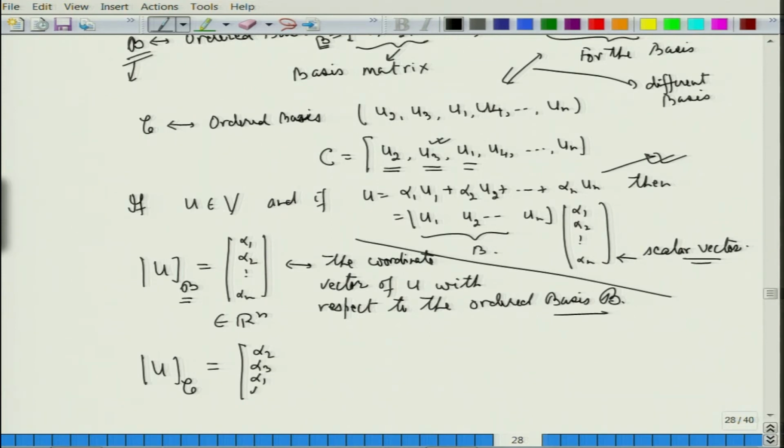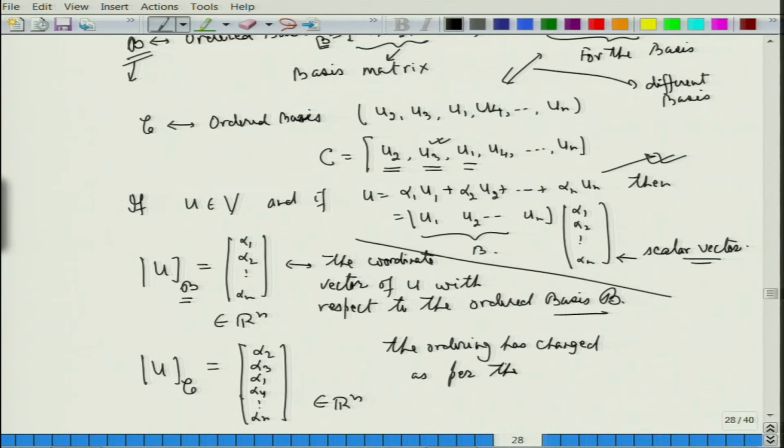Then alpha 1, alpha 4 and so on till alpha n. Fine. So, again it is still an element of Rn, but the ordering has changed as per the ordering in C. Fine. So, whatever order you are fixing, based on that everything changes. That is what you have to be careful about.